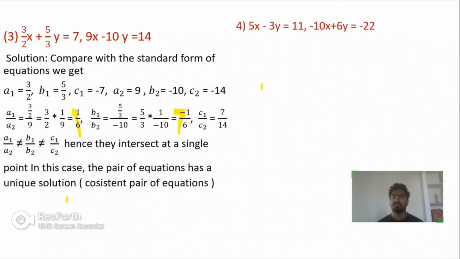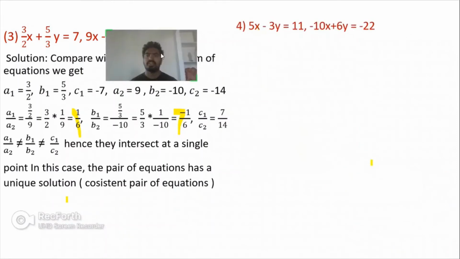Okay. Fourth problem. The given pair of equations are 5x minus 3y is equal to 11 and minus 10x plus 6y is equal to minus 22. Now, compare these two equations with the standard form of equations, that is a1x plus b1y plus c1 is equal to 0 and a2x plus b2y plus c2 is equal to 0.